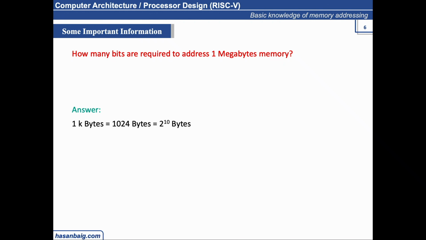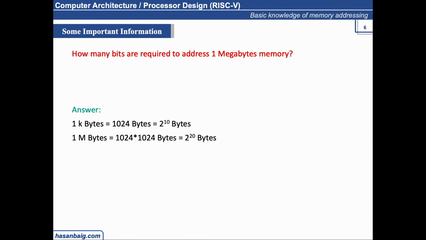We can split it into 10 to the power 3 times 10 to the power 3, or in terms of binary, 1024 times 1024, which is 2 to the power 10 times 2 to the power 10, which is 2 to the power 20 bytes. This is how you can calculate the number of bits required to access memory of a specific size.